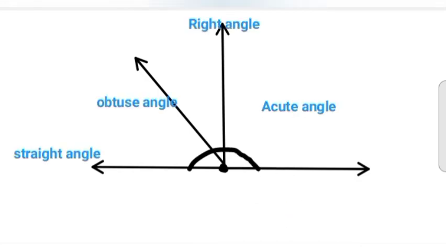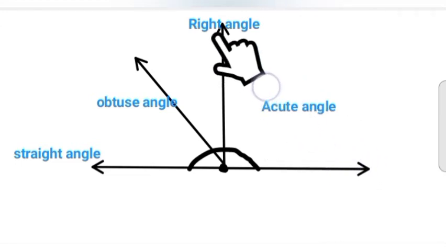First you must know about the right angle. So this is a basic line. So the basic line and in between to the right angle, in between these two, if you draw any rays, that creates an acute angle.